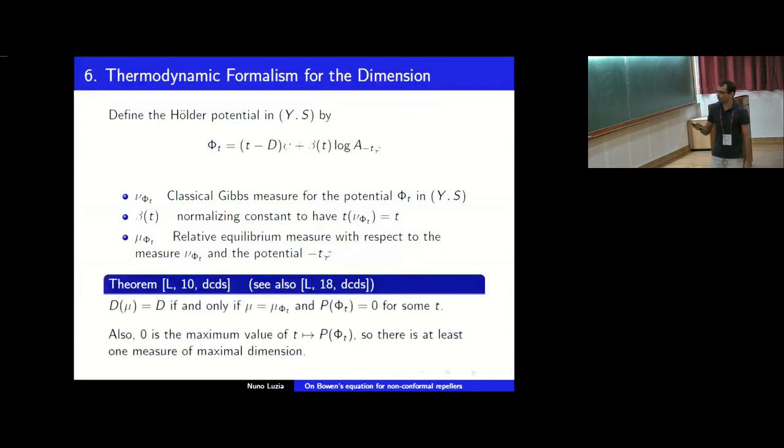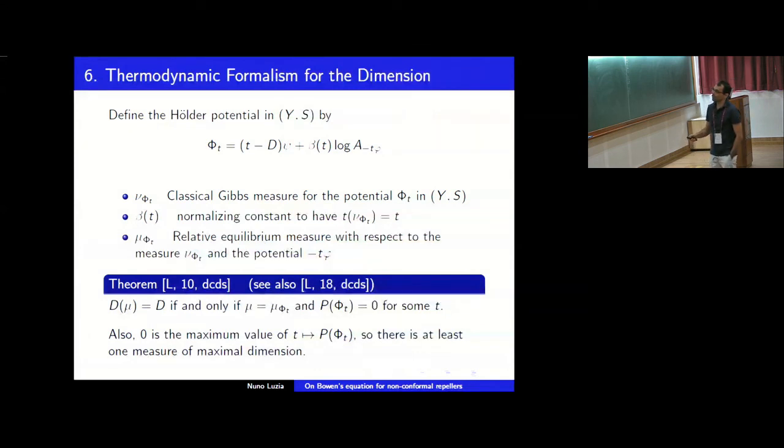So we have this theorem here, okay, that classifies the measures of maximal dimension. It says that a measure is of maximal dimension if and only if it is of this form here, okay, and the parameter t is a solution of this equation here with respect to this potential, okay.